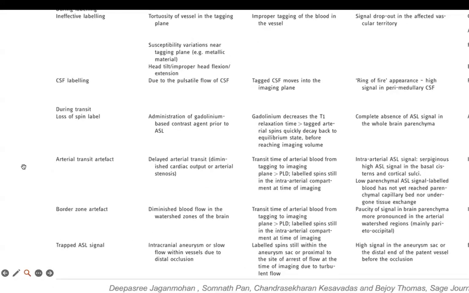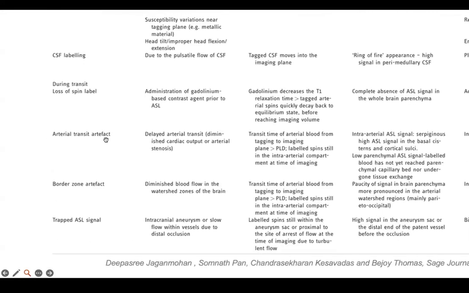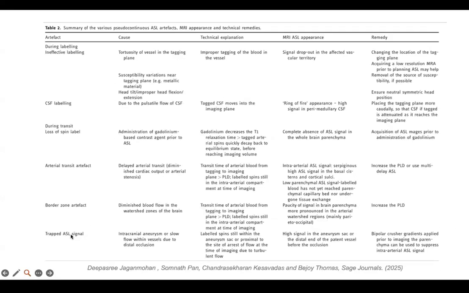Arterial transit time artifacts are where, due to decreased cardiac output, blood will take more time to reach the area of interest. In border zone artifact, there will be decreased blood flow in border zone watershed areas. In trapped signal, if there is any intracranial aneurysm or anything in the way of the blood, it can affect the ASL labeled blood and cause trapped ASL signal.